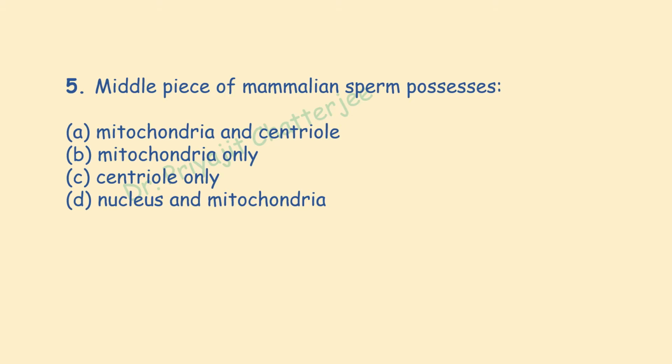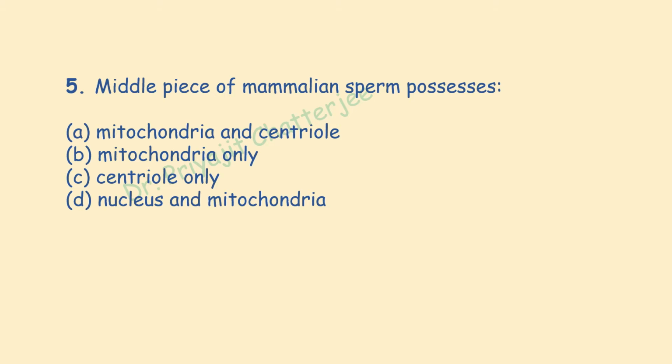There are four options. We know a mature sperm cell consists of four parts, that is head, neck, middle piece and tail. Head contains the nucleus having haploid number of chromosomes and acrosome which contain the hydrolytic enzymes. Neck region contains a pair of centrioles lying at right angles to each other. Middle piece is enlarged by the presence of many mitochondria.